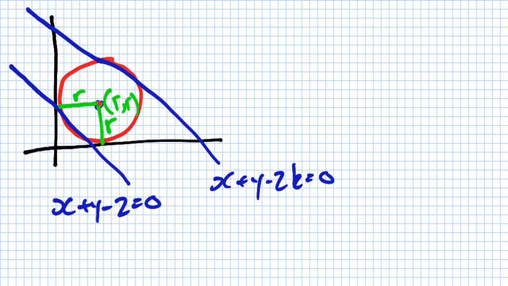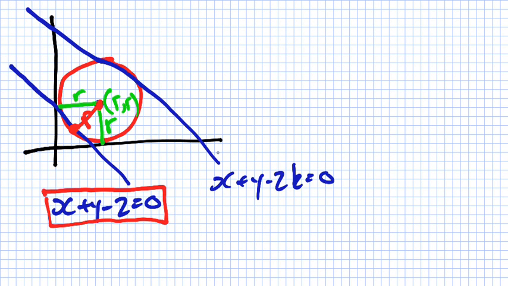So firstly, let's deal with this line. Let's use this line. So we know that the perpendicular distance between the center of the circle and the first line, that's also r.